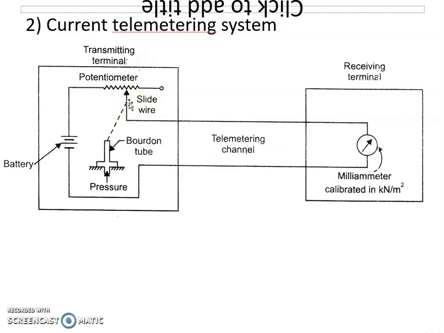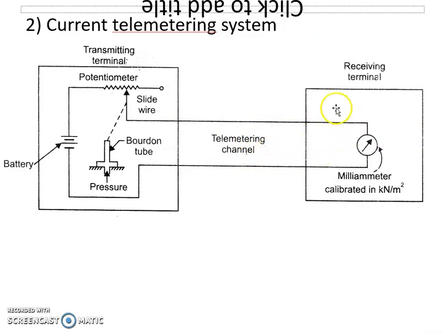Thereby it changes the current flowing through the potentiometer. This change in the current at the transmitting end is passed to the receiving terminal through this pair of wires.